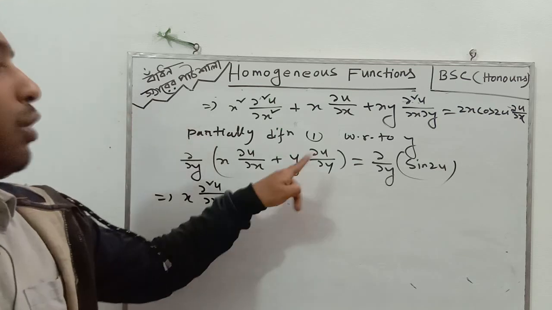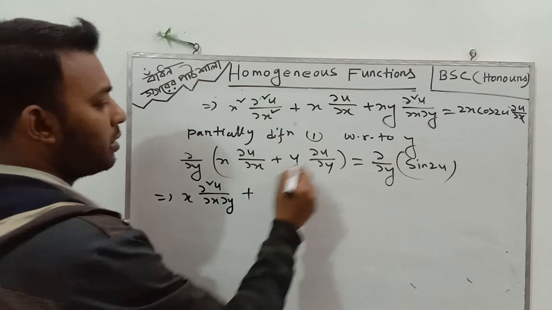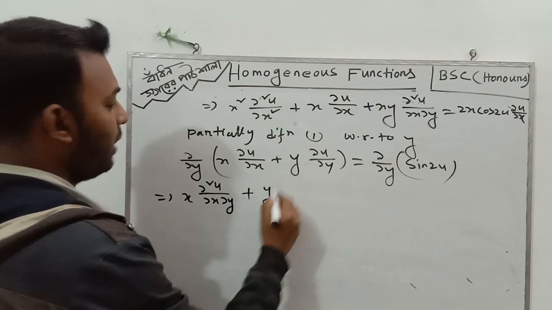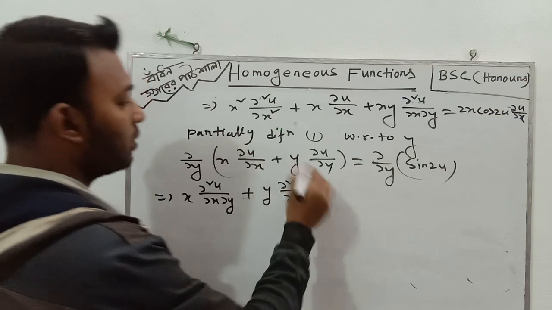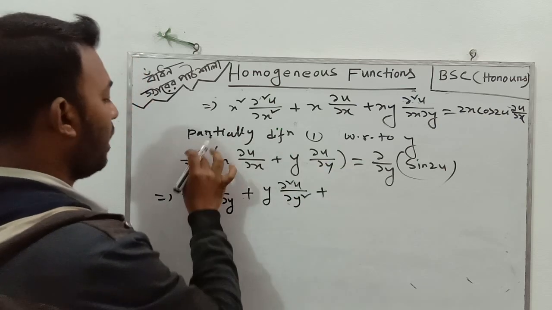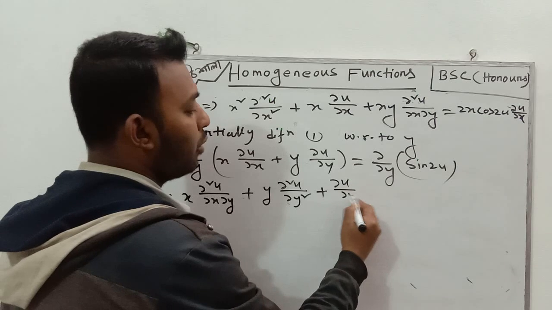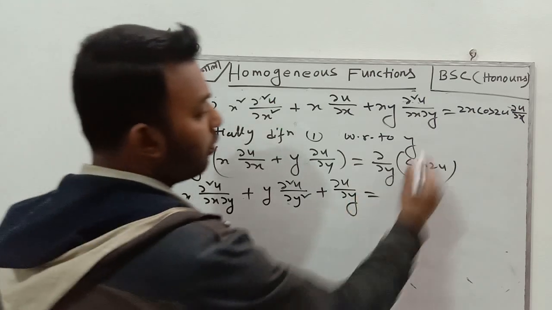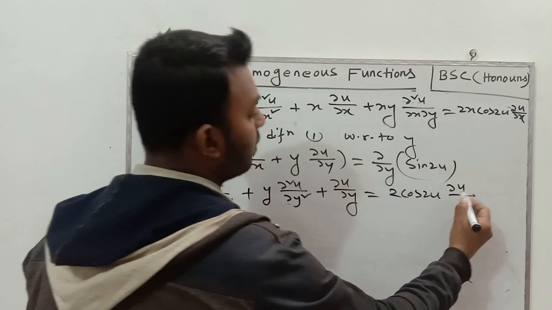Similarly, if we differentiate this using the UV method, we can write y ∂²u/∂y² plus ∂u/∂y ∂y/∂y, and ∂y/∂y is equal to 1, so only ∂u/∂y. So 2 cos 2u ∂u/∂y.